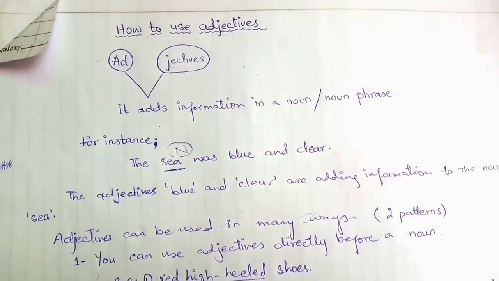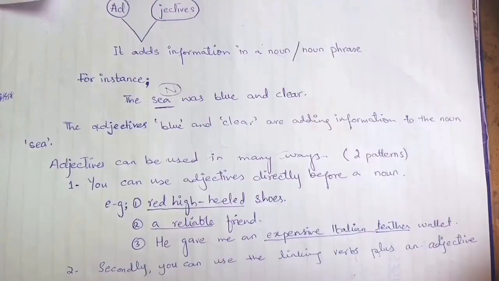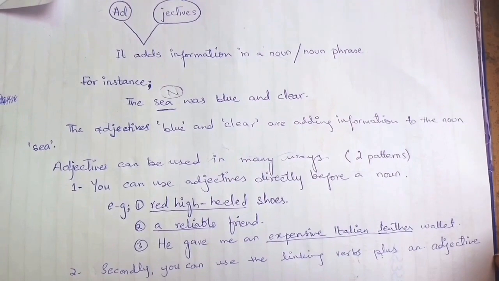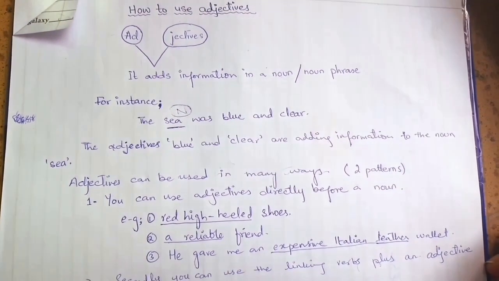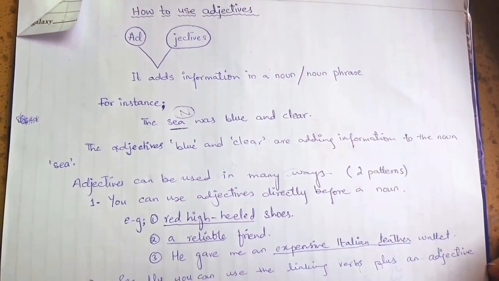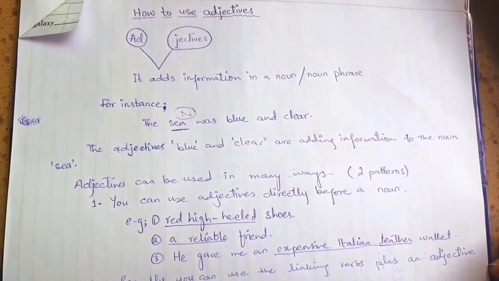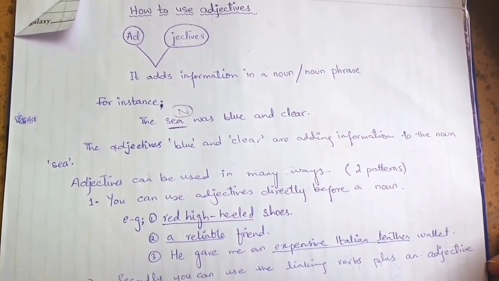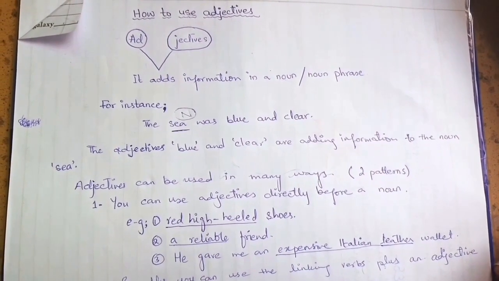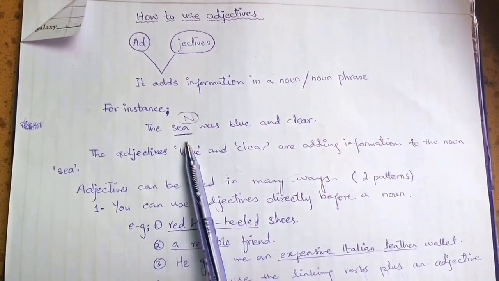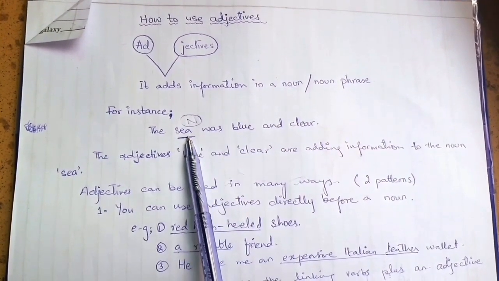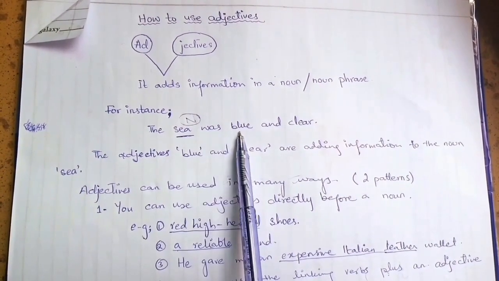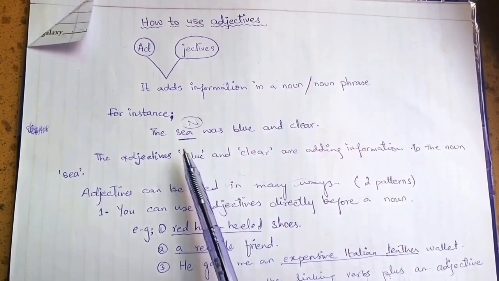Remember that I told you previously that sometimes adjectives may contain color, shape, and size. Whenever a sentence contains color, shape, and size, then it means that it is an adjective. So over here, when we pointed out the noun, which is sea, what did you learn about the sea? That it is blue in color.